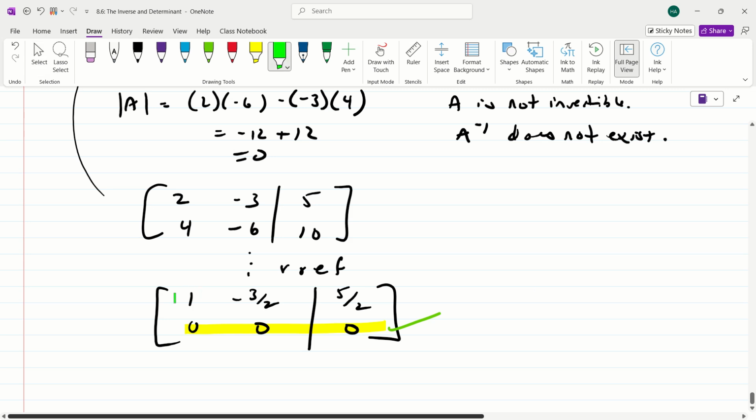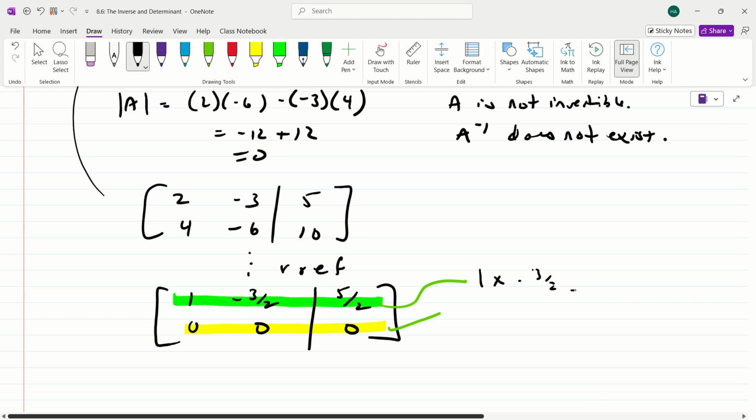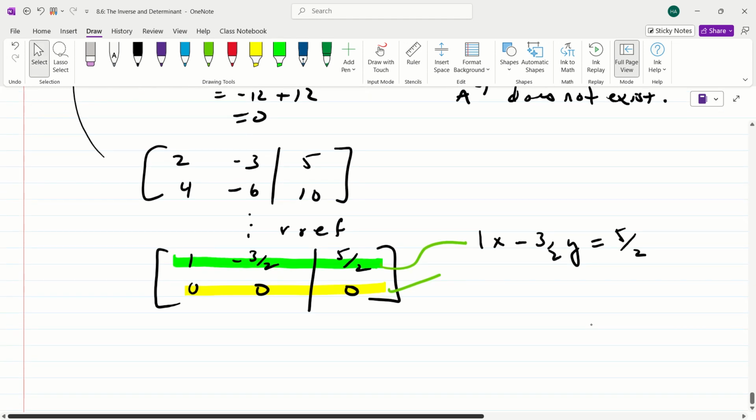We can continue our analysis further by going to our first row, which is telling us that 1x minus 3 over 2y is equal to 5 over 2. So these two equations really just boil down to 1.